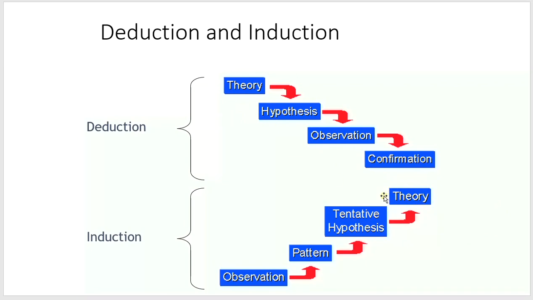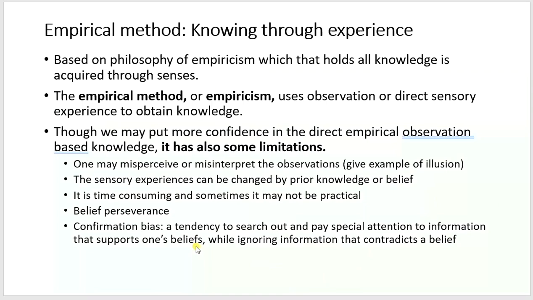So this is the method of knowing, which has some limitations, but when it is combined together, for example, I just said combining deduction and induction, and when it is combined with some other methods, then it becomes a scientific method of knowing.